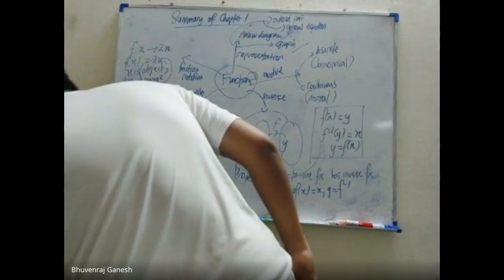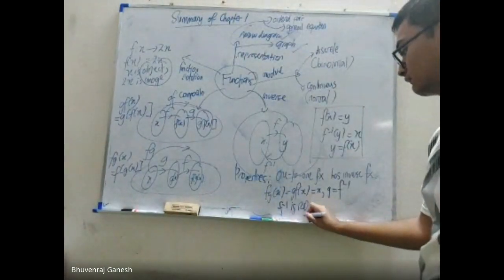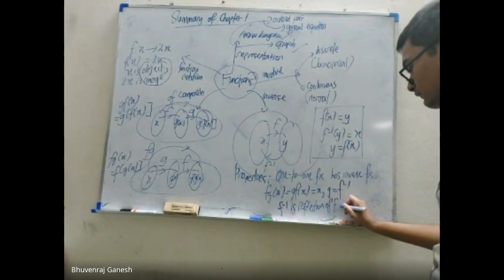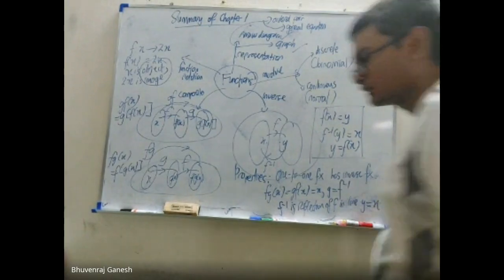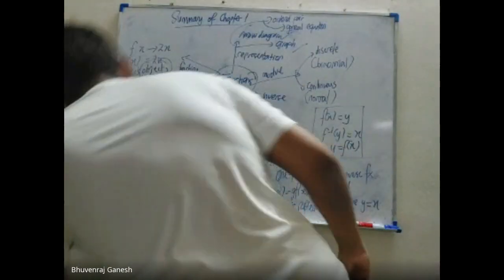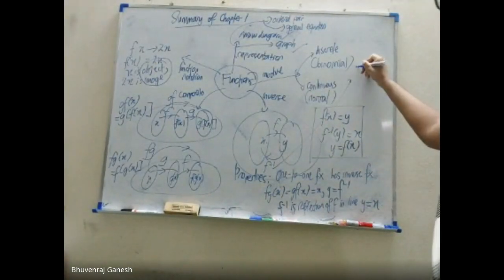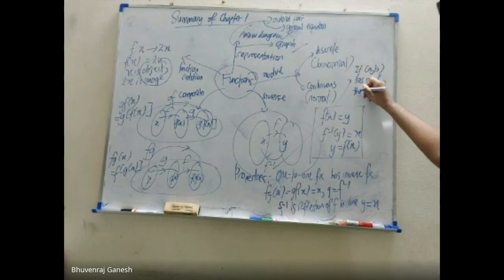Another property: the f inverse graph is the reflection of f in the line y equals x. And the last condition over here, if (a, b) lies on f, then (b, a) lies on f inverse.